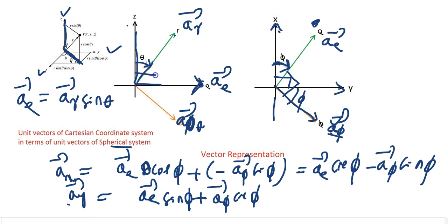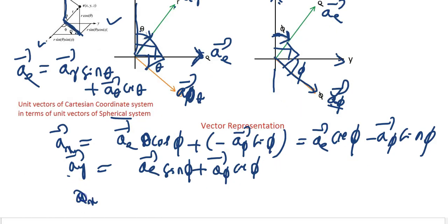This is your 90 degree. This also 90 degree. This is theta. So this will be also theta. So you can get A theta cos theta. So A rho is the AR sin theta and A theta cos theta.